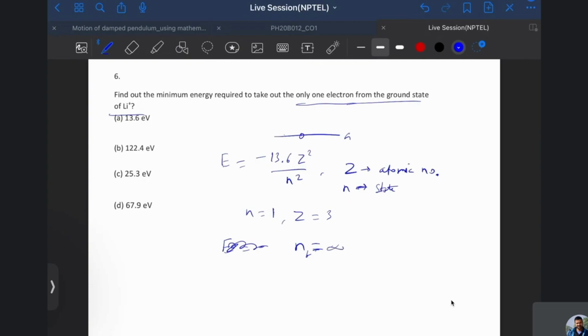So we have to take the electron to infinity, right? Then we can say that it's ionized completely. So that means the energy of the final state is 0.